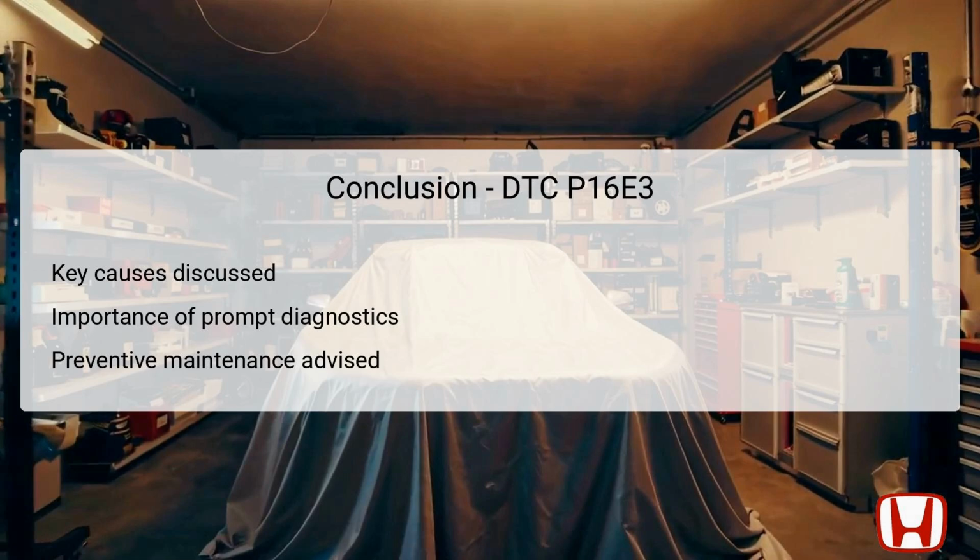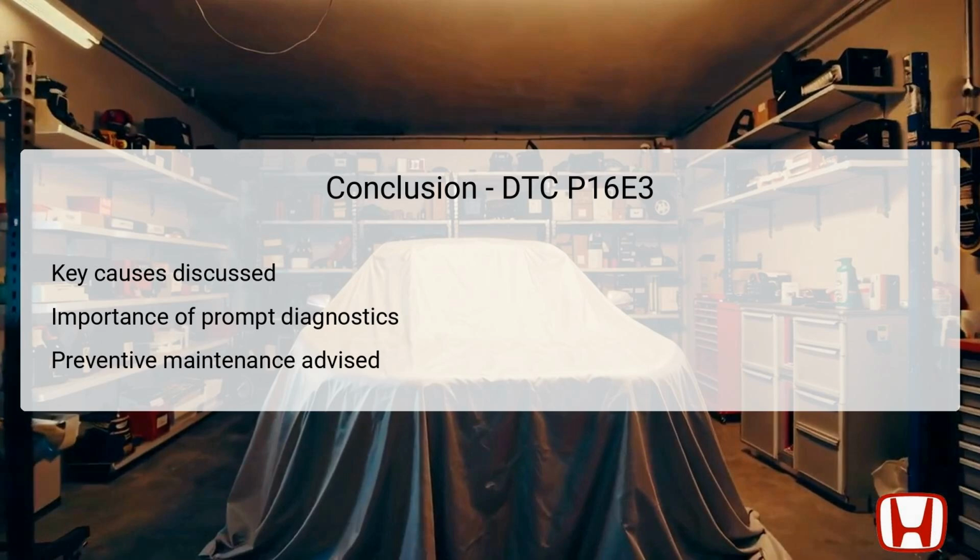In conclusion, the DTC P16E3 highlights critical issues related to the communication between the battery sensor and the powertrain control module. Addressing potential causes, such as loose terminals, poor connections, or faulty components, is vital in restoring the vehicle's optimal performance.